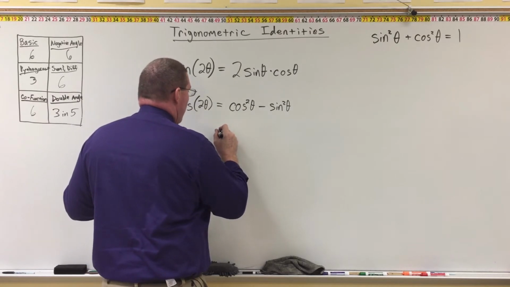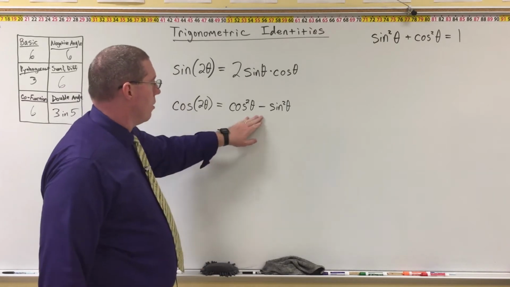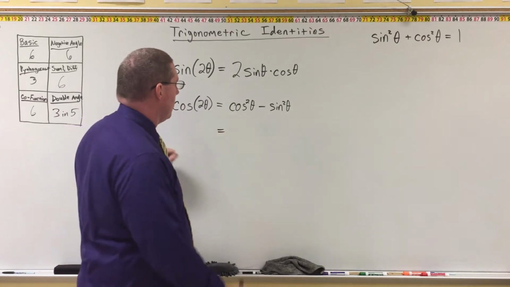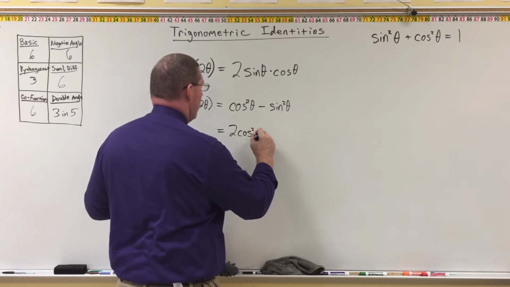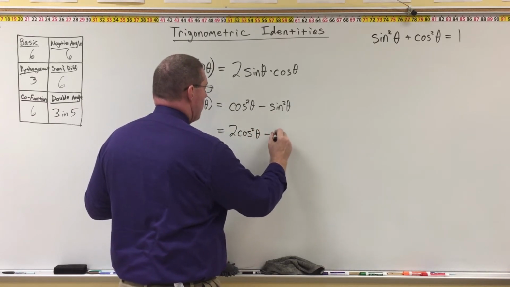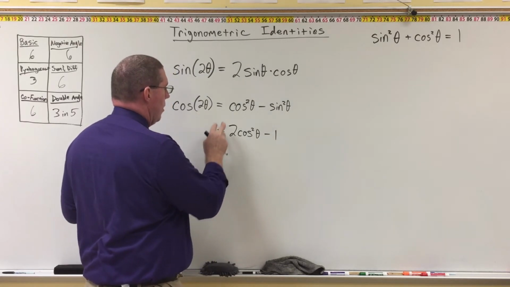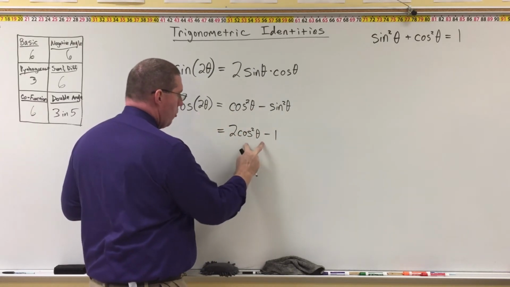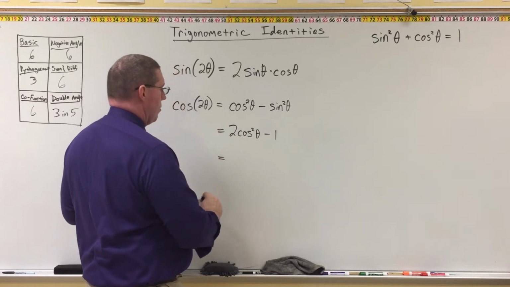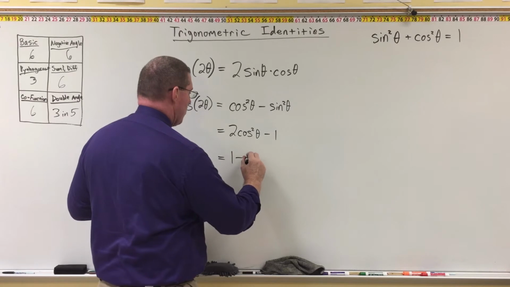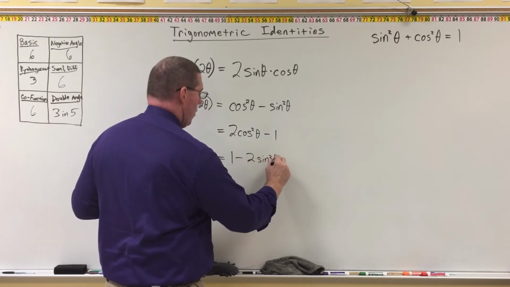All right, a little bit later I'm going to show you why the second one is equal to this one, but the second one is going to be 2 cosine squared of theta minus 1. So cosine of 2 theta is equal to this. It's also equal to this. And the third one that cosine of 2 theta is equal to is 1 minus 2 sine squared of theta.